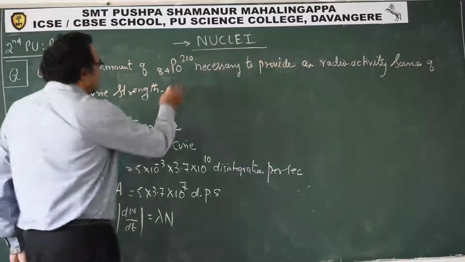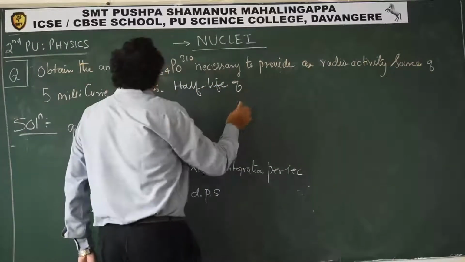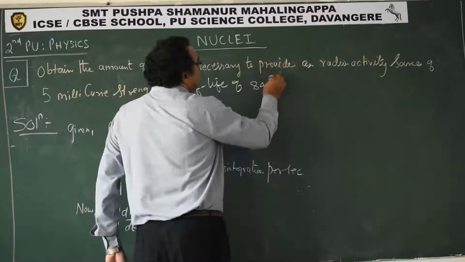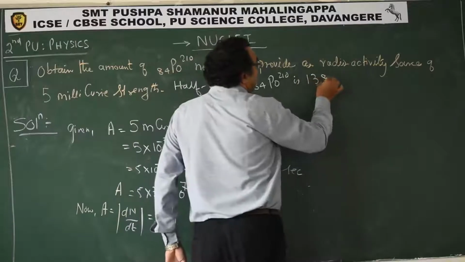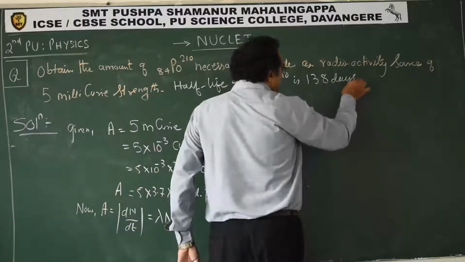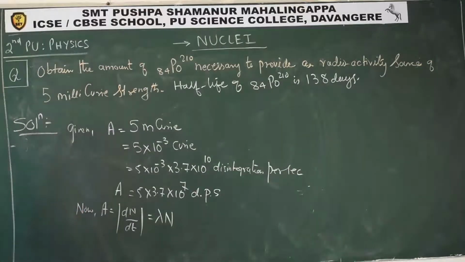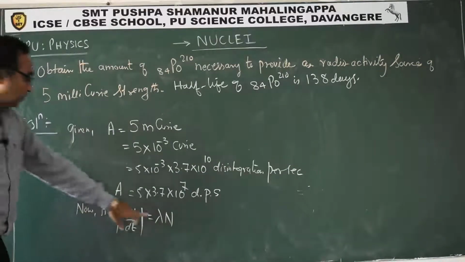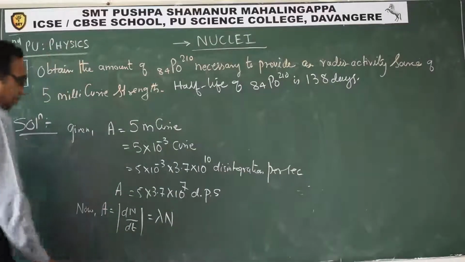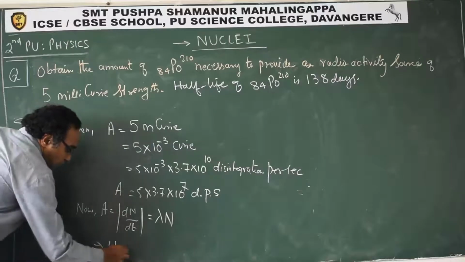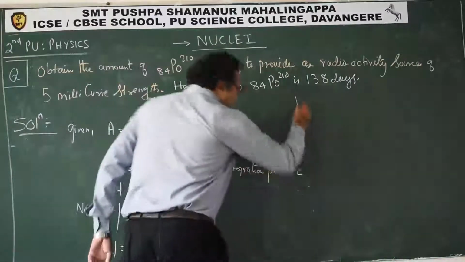Half-life of 84Po210 is 138 days. Let us use this. So activity A is known. Lambda is 0.693 upon half-life, that is known. N can be found out. This means N is equal to A by lambda.